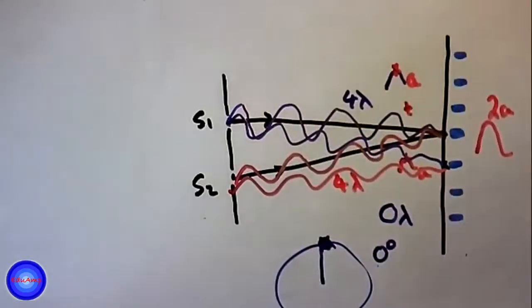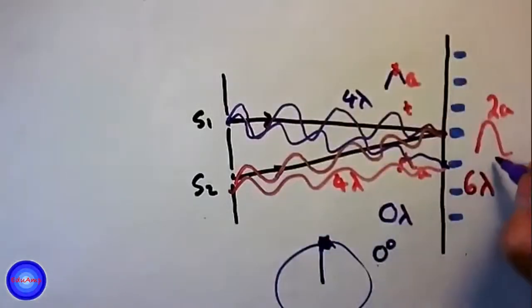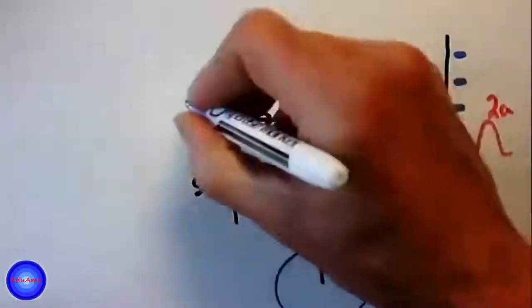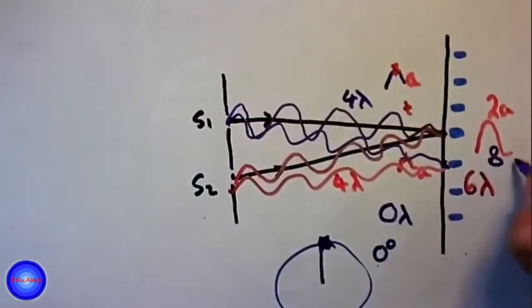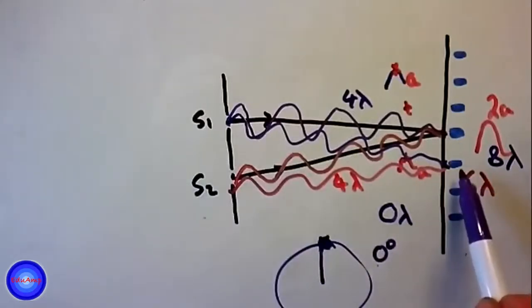Now, in that case, and I'm making numbers up here, I'm going to say S2 travels 6 wavelengths. Then S1, let's say, has gone 8 wavelengths, and the reason why is because it's traveled further.